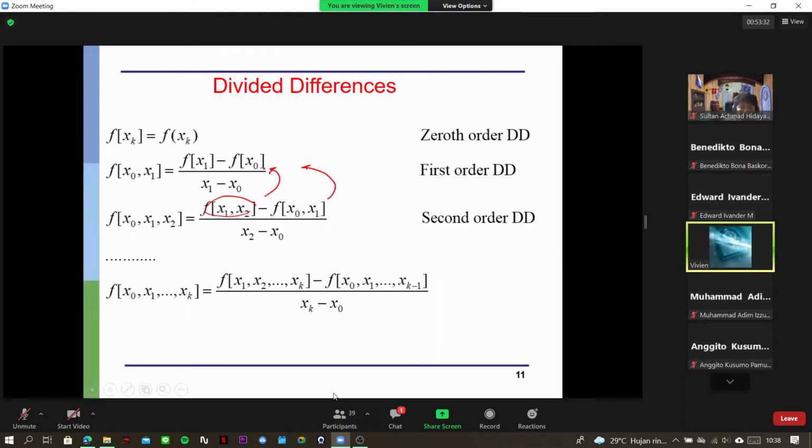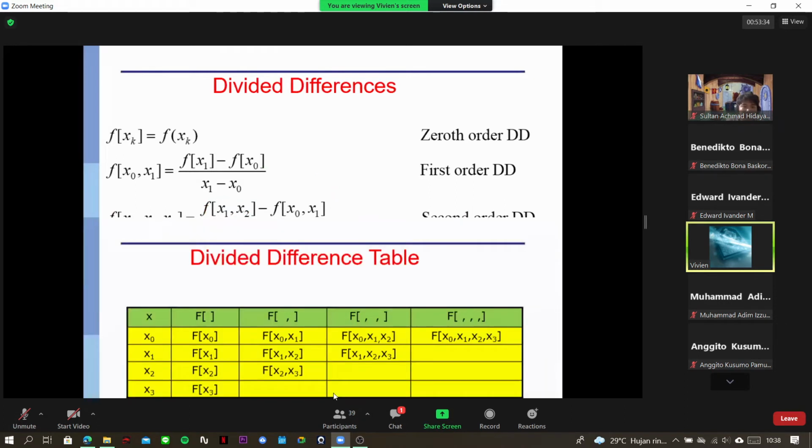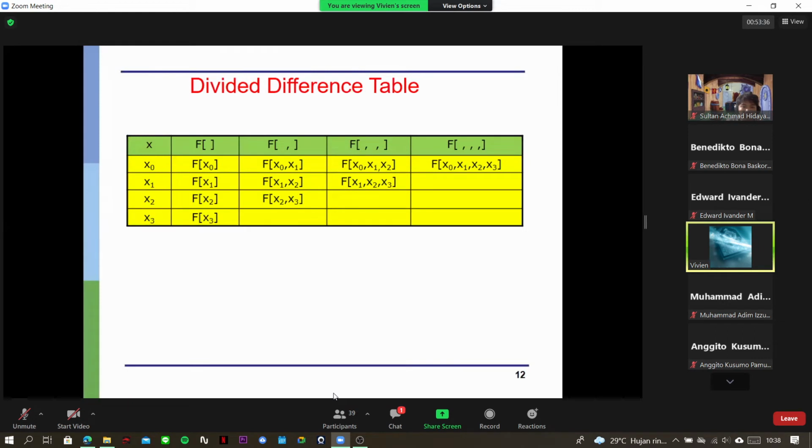Looking at these steps, it is easier to solve it in the form of a table. You can imagine, for example, that we have an array in the memory of the computer. We can arrange that as an array, and then do the calculation by finding the values in the arrays. For example, we have 4 points: x0, x1, x2, and x3.